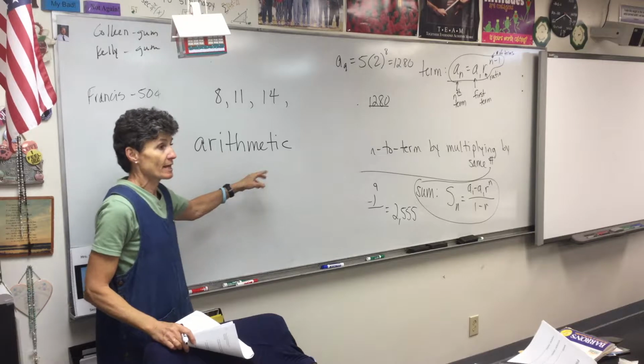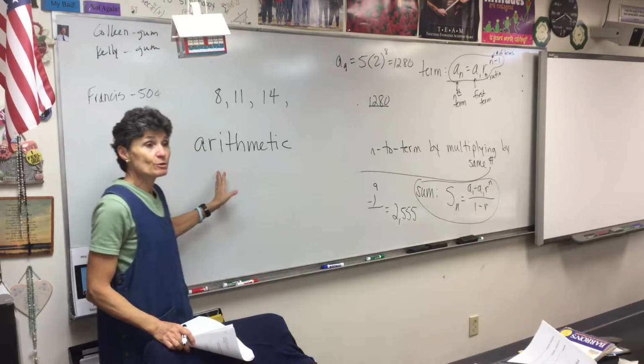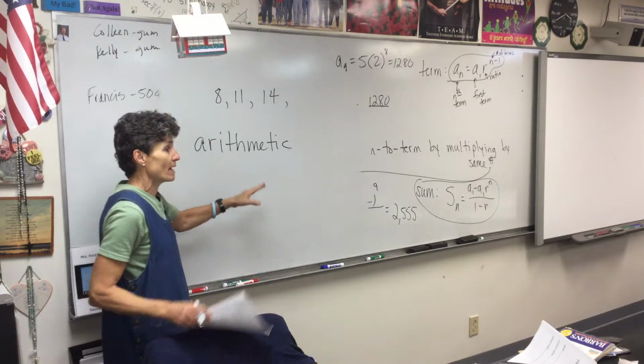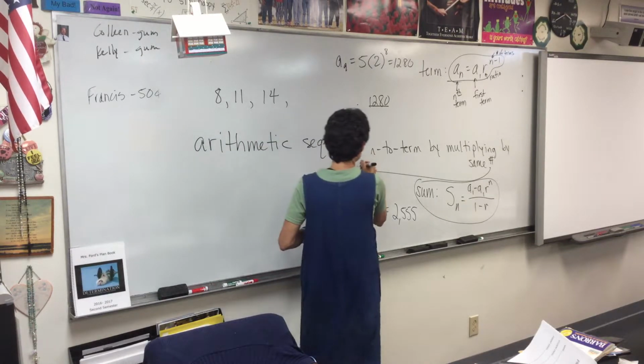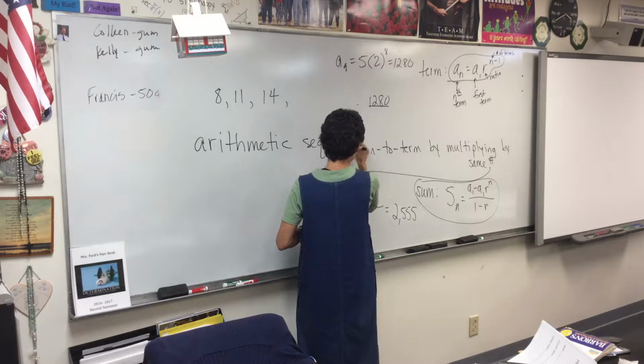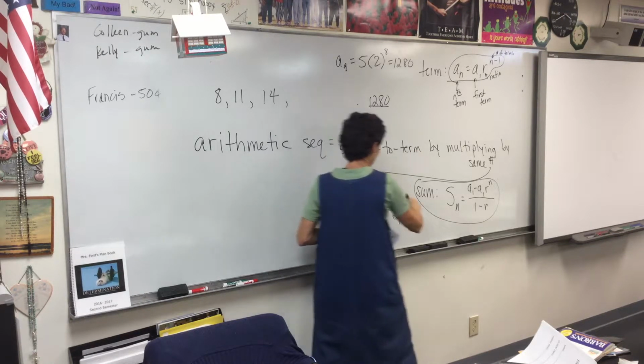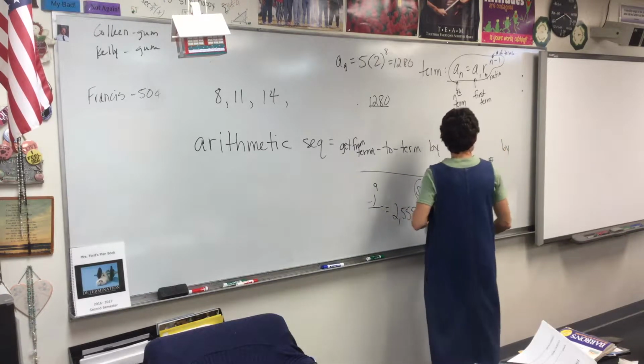When you add the same number to get from term to term, it's called arithmetic. Now I know the word looks like arithmetic, but when we use it as an adjective, it's arithmetic. So an arithmetic sequence is when we get from term to term by adding the same number.